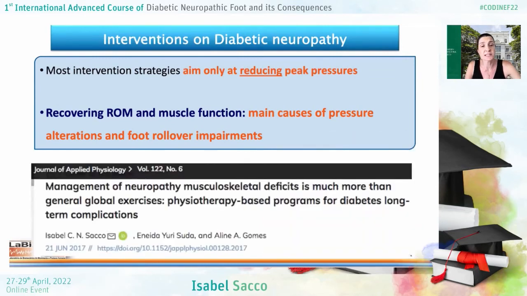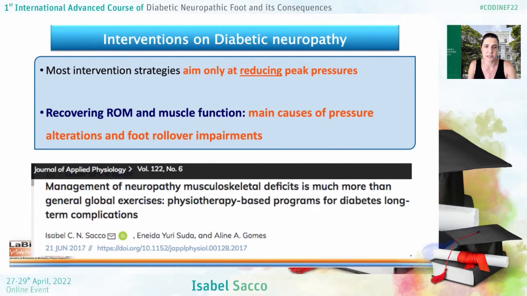In this paper, we discussed this new paradigm of foot-related exercises for preventing ulcer risk factors. We are not discussing general regular exercises for metabolic control, but specific exercises to recover foot function and avoid further foot complications.